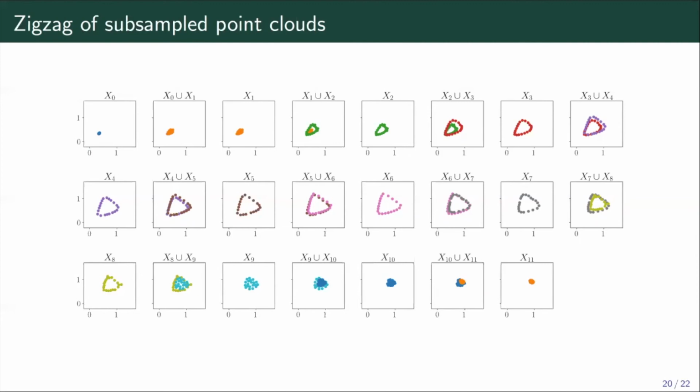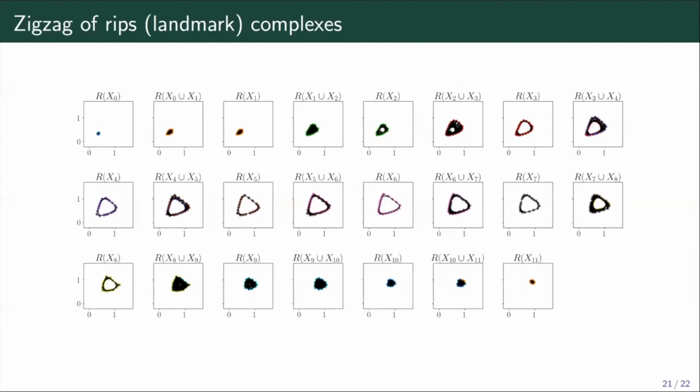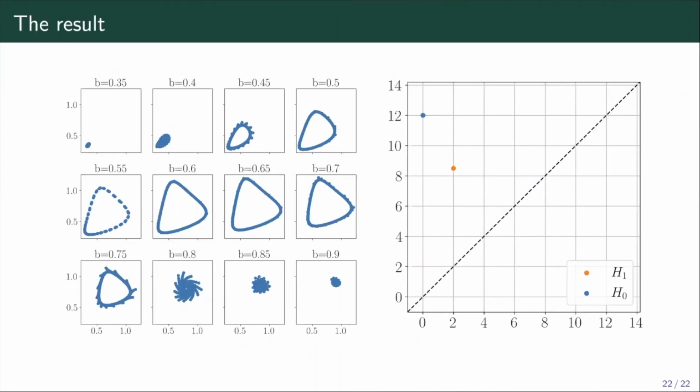So selecting those points, we get the zigzag sequence shown, and then we apply the Rips complex to those selected set of points. This is sometimes called the landmark complex. So now we have our zigzag sequence where you can see that circular feature again persisting through this middle range of values. So now we want to look at the resulting zigzag persistence diagram to see if it's picking up the regions that we would expect.